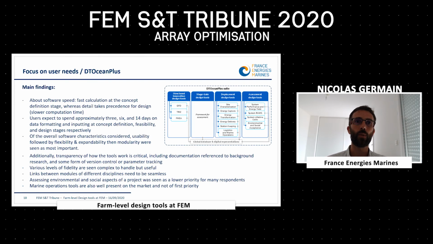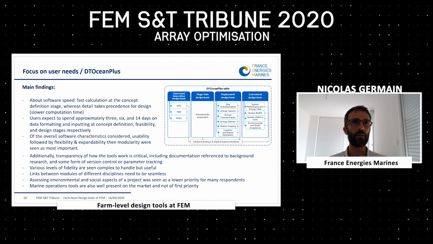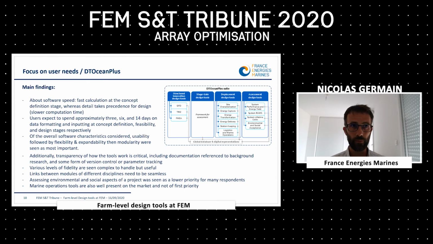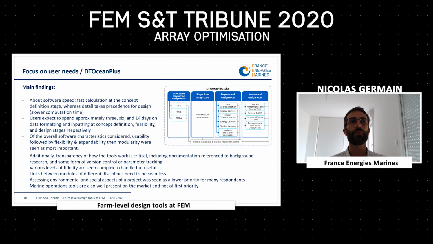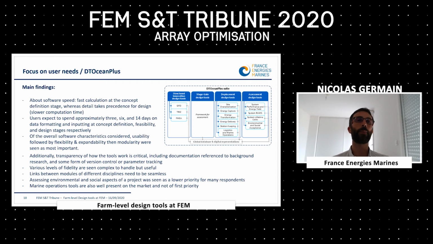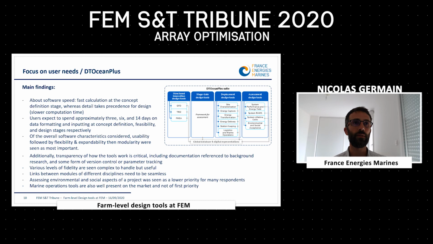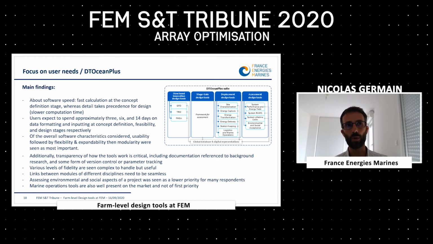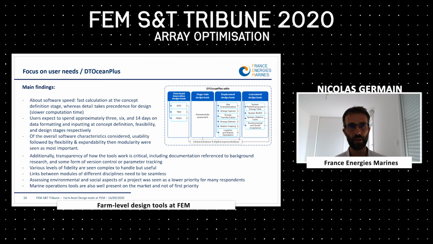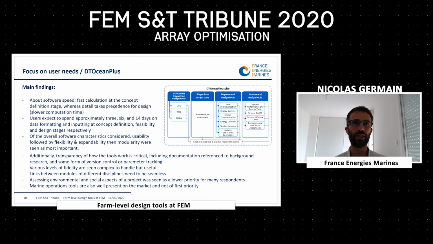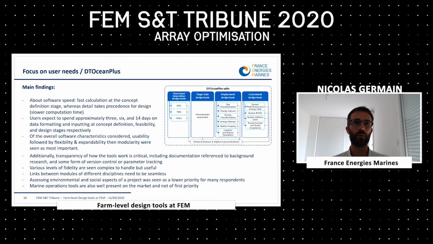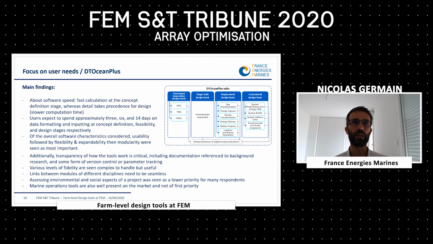Now I go to user needs, which have been identified in Deterioration Plus, those main findings, classically about software speed. Fast calculation at the concept definition stage is expected. More details are expected for later stages of development, because in Deterioration, 3 levels of fidelity, 3 different levels of complexity, are defined in the tool for each discipline.